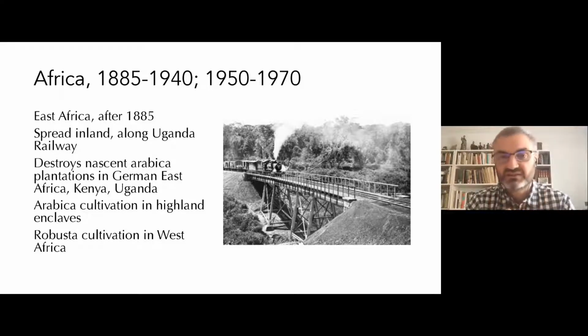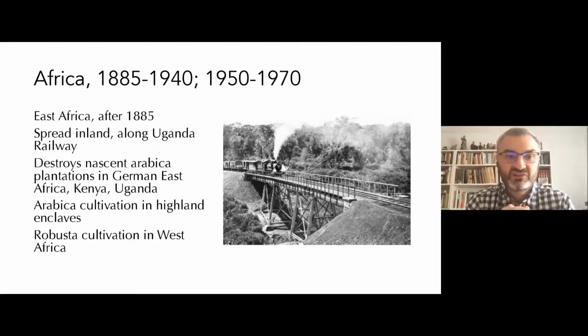And as they had done elsewhere, they wanted to set up coffee farms and other commodity farms to help make their colonies pay. They also extended the transportation infrastructure inward. So they built the Uganda Railway through Kenya, starting at the port of Mombasa and going inward to Uganda.